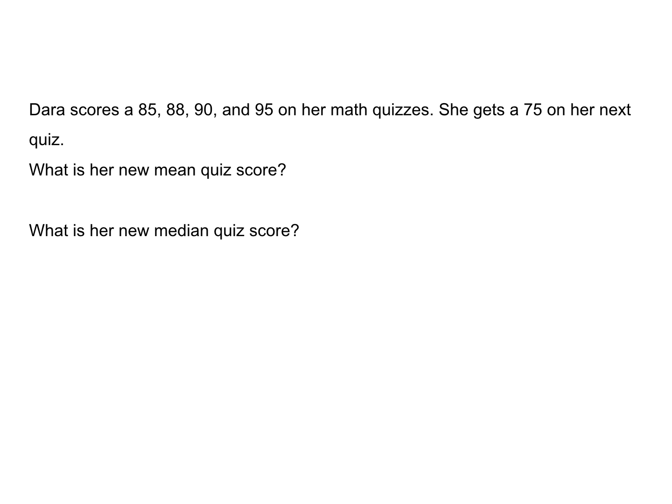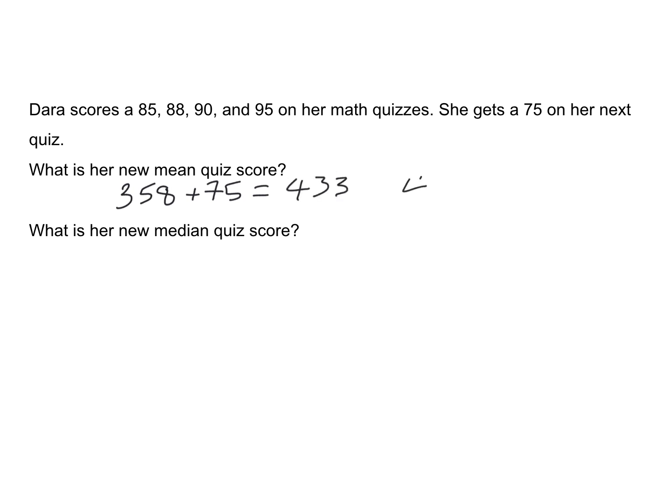So now you've made your predictions in Edpuzzle, and we're going to see if our predictions were correct. So let's find her new mean quiz score. If you have your calculations from before, you'll remember that when you added those 4 up, we got 358, so we can be a little lazy. 358 plus 75 equals 433.